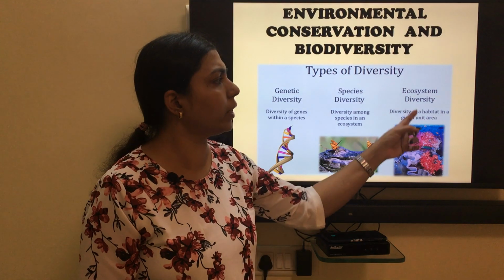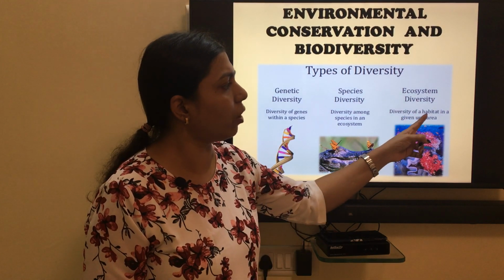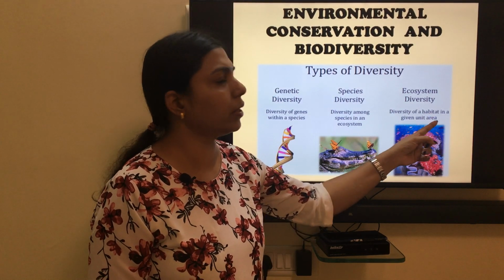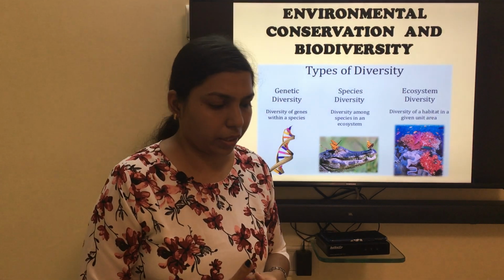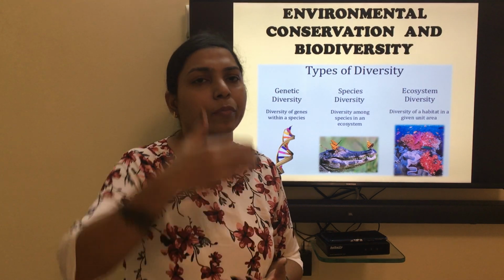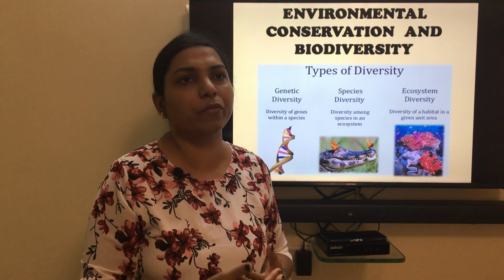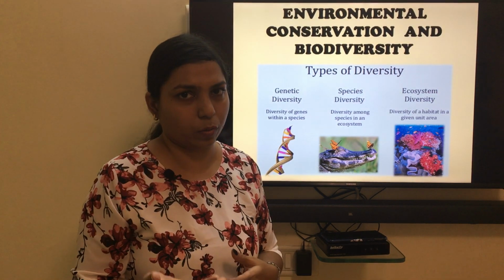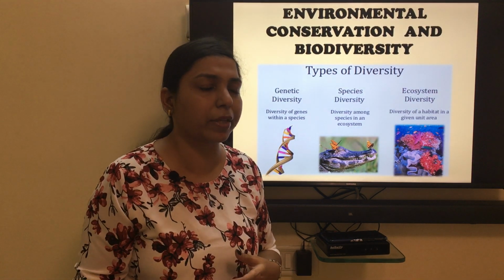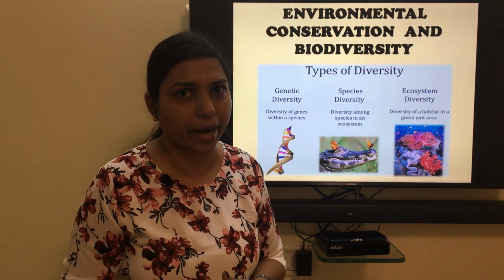Then we move on to ecosystem diversity. Ecosystem diversity is the diversity of habitat in a given unit area. Now what is the meaning of this? Over here I'll take the example of our country India. If we move from up to down, right on top we have the Himalayas. What is the environment over there? It is very cold, and you have snow falling in that region.